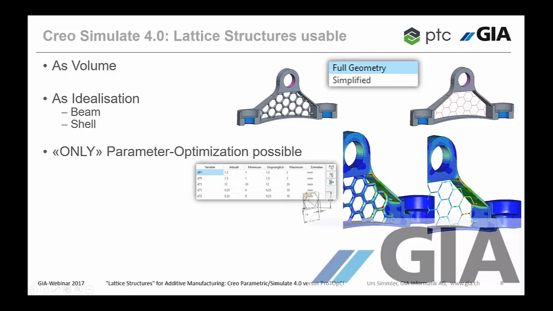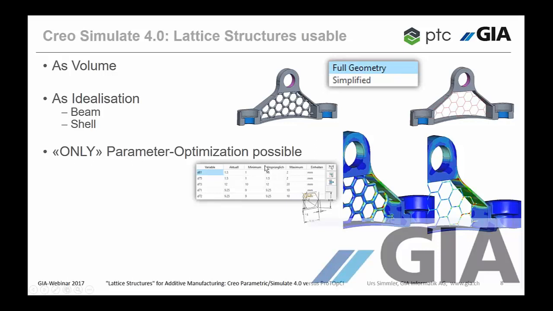Another capability of this parametric lattice feature from Creo is that we can use those parameters to do some optimization. But we can just select those diameters, sizes of our grids to do some parameter optimization.